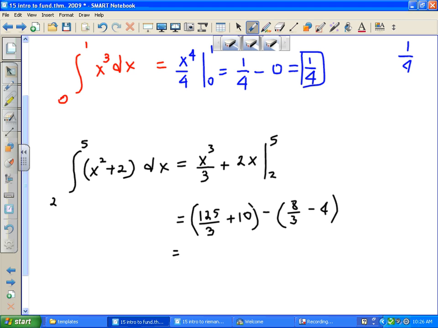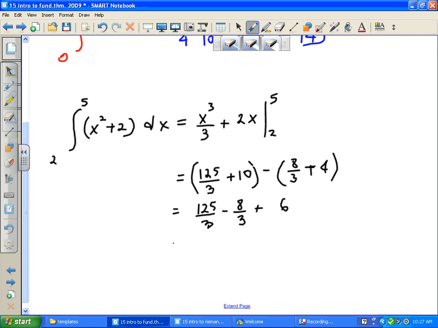And the way I'm going to combine them, I'm going to first combine the whole numbers. That was a plus 4. So to combine the whole numbers, I have 10 minus 4, that's 6. And then I'm going to combine the fractions together. 8 thirds, that's like 117 thirds plus 18 thirds.